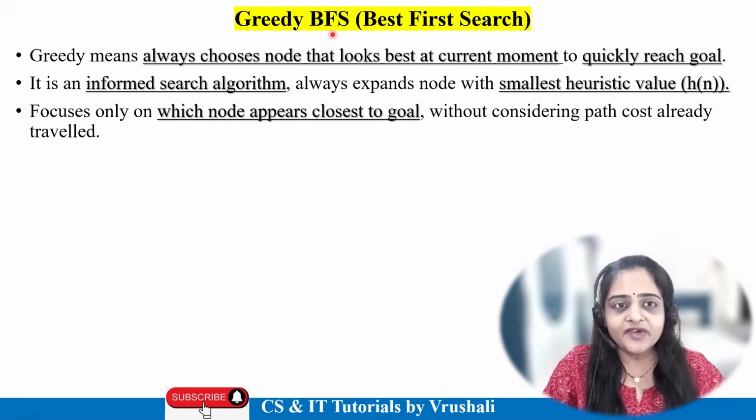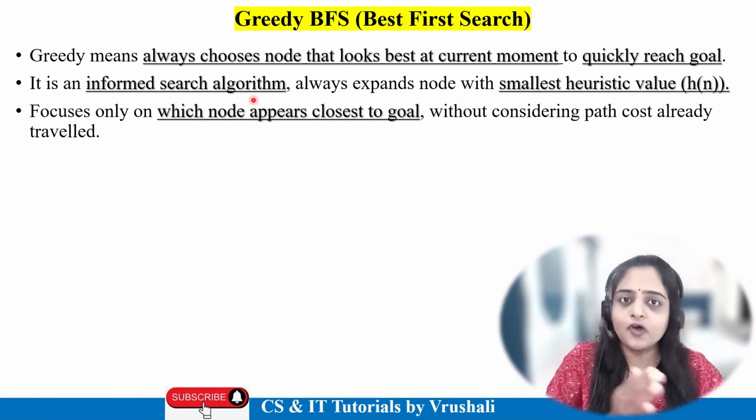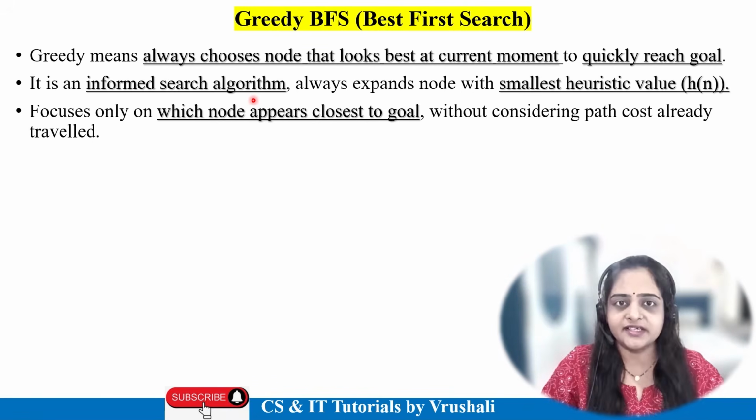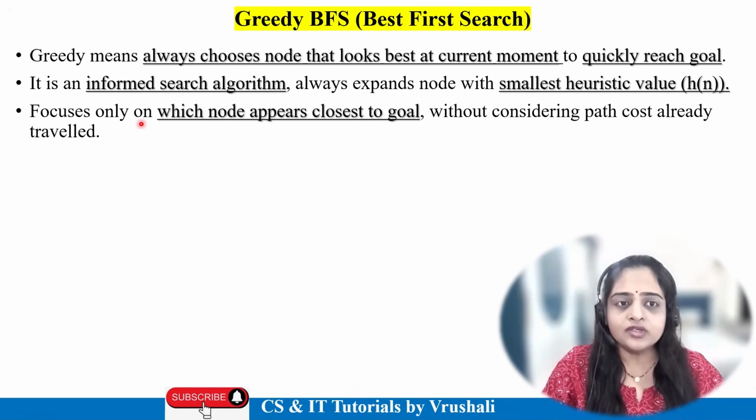Greedy BFS is an informed search algorithm. It uses additional knowledge, an additional heuristic value, to find the shortest path from initial state to goal state. So basically, it uses the smallest heuristic value. This algorithm only focuses on which node, which path appears closest to your goal.